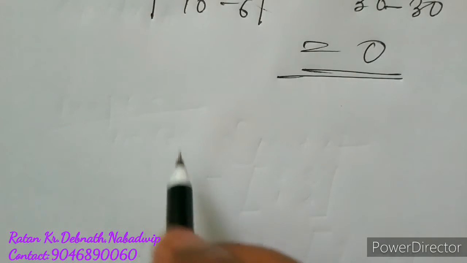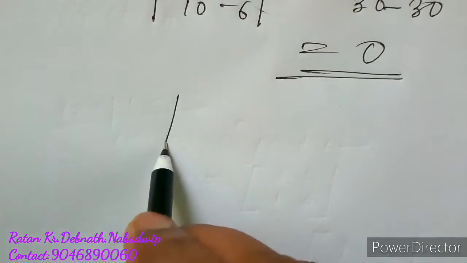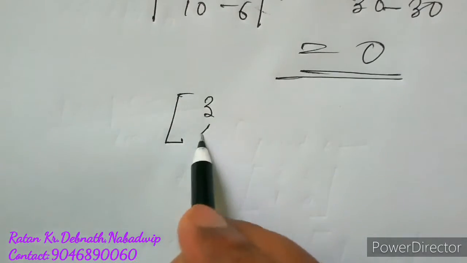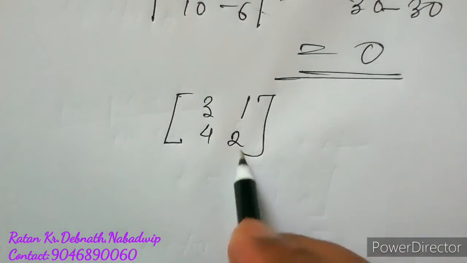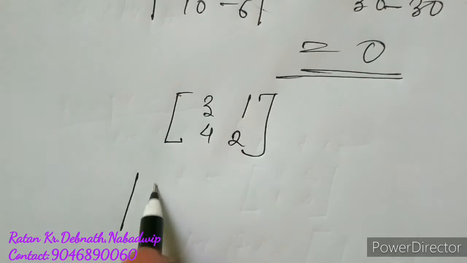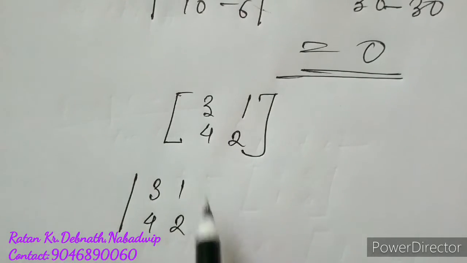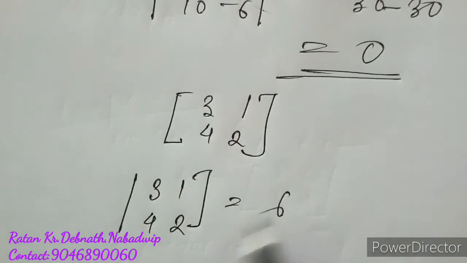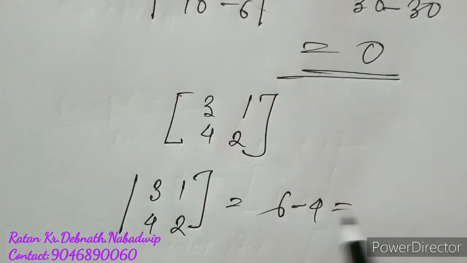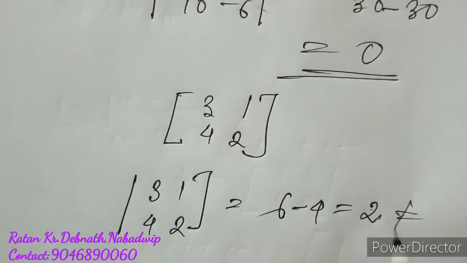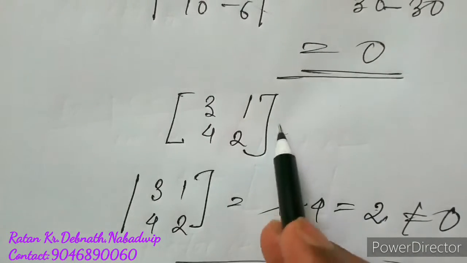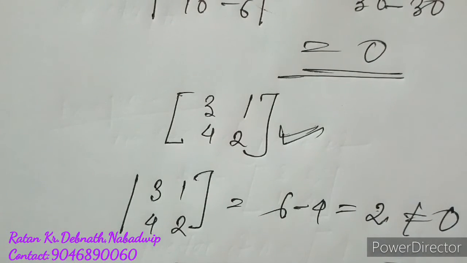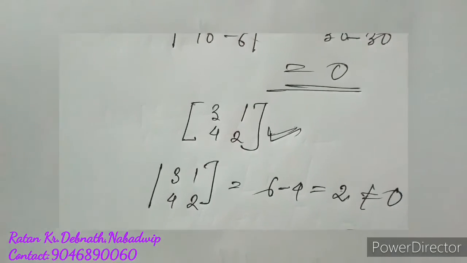Let us take another matrix like 3 4 1 2, and its determinant value 6 minus 4 equal to 2, which is not equal to 0. So we can say this matrix is a non-singular matrix.